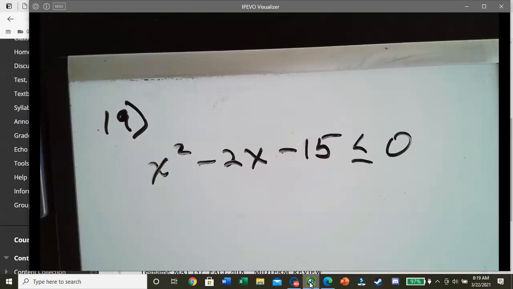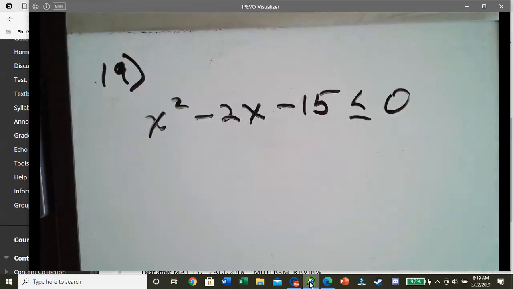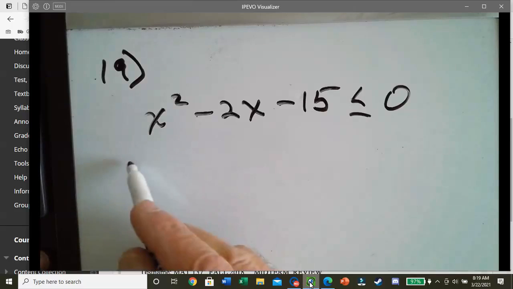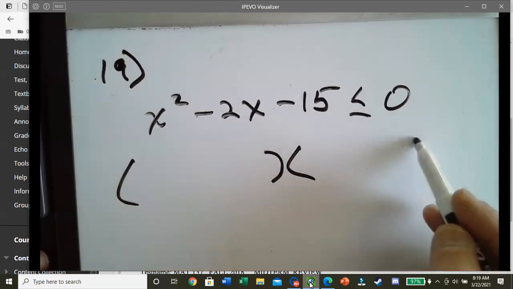Three ways. A lot of people don't like to factor, but factoring can be easier than using the quadratic formula if they're integers. So we want to see if we can factor first.